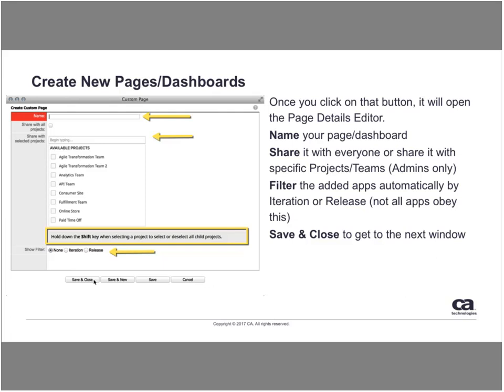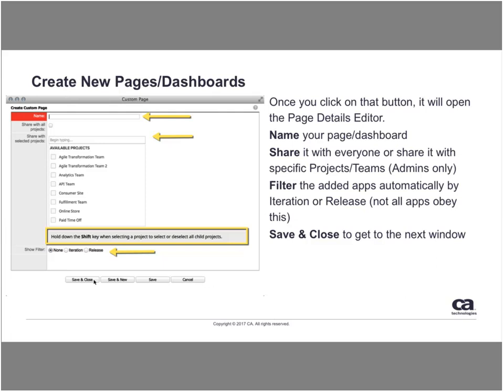So this will allow you to create a dashboard that will show information pertinent to either the selected iteration or the selected release. Without the iteration or release filter selected, anything that's release or iteration dependent would then just default and show those items in the current iteration or release that's in flight.